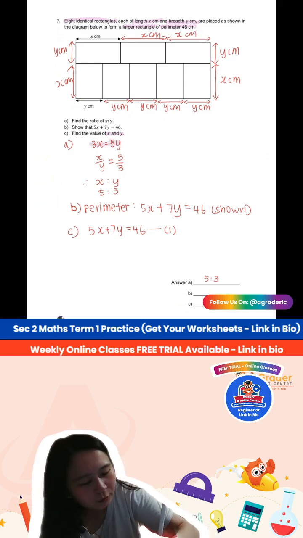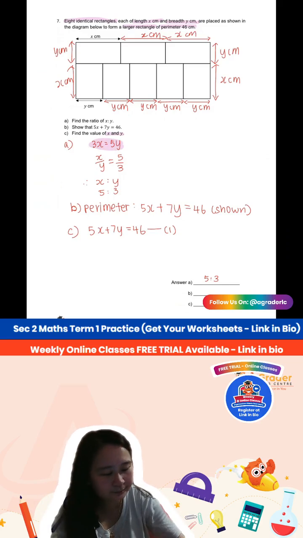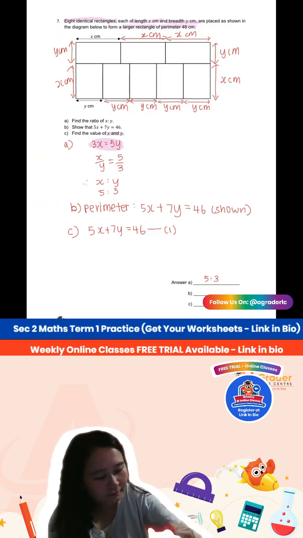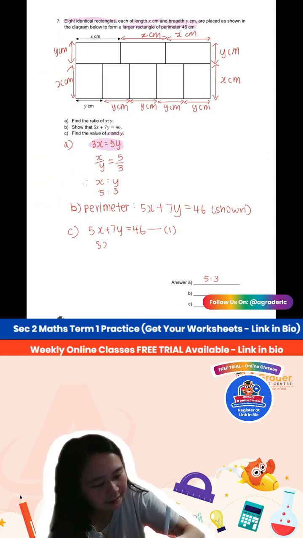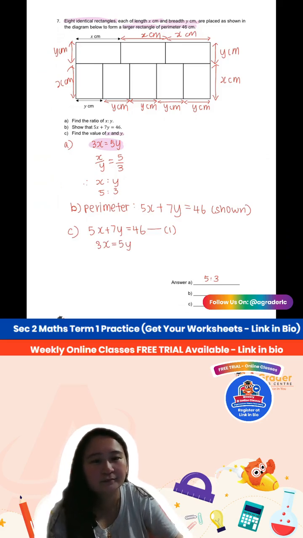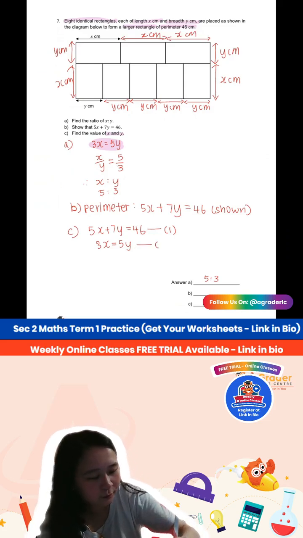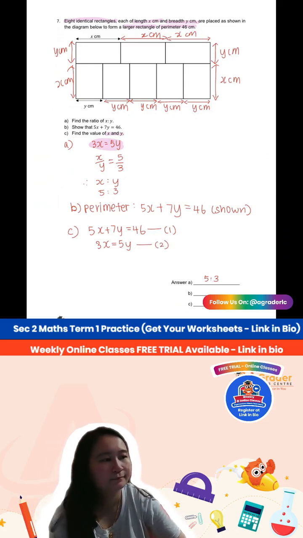Your equation 2 can be from here because the length of opposite sides has to be the same. So 3x equals 5y. Okay, so this will be your equation number 2. You can try to solve this simultaneous equation.